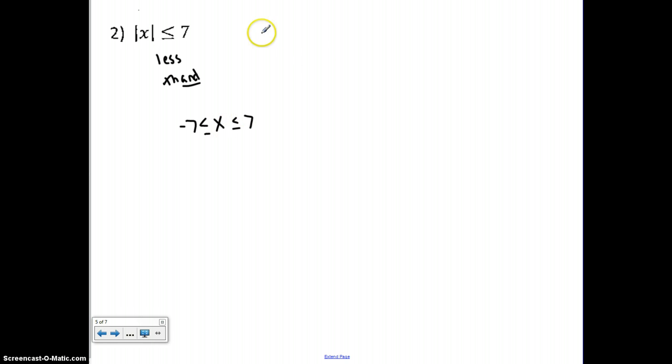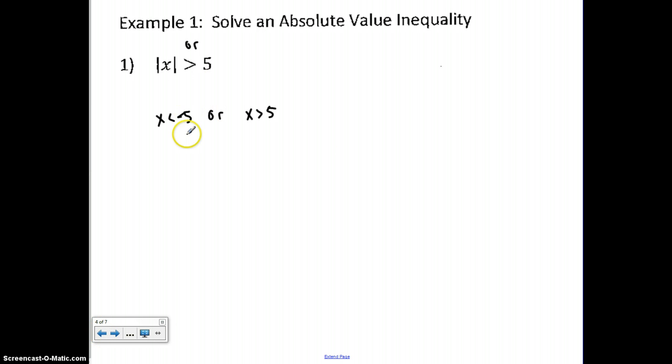So for example, a number that's in between is 0. If I put 0 in place of x and I take the absolute value of 0, it should be smaller than 7. Well, yeah, 0 is smaller than or equal to 7. If I look at this previous one, any value smaller than negative 5 will make this inequality true.